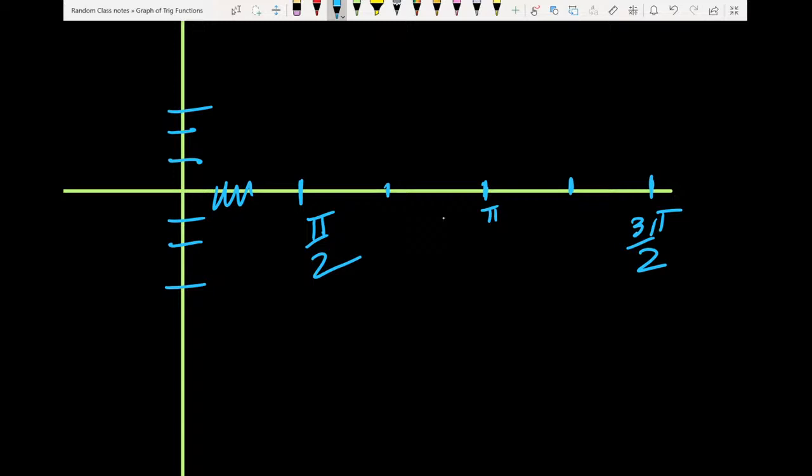Yeah. No, you're close. 3 pi over 2 divided by 2 gives you what? You guys are forgetting to divide it by 2. Alexis. 3 pi over 2 divided by 2.